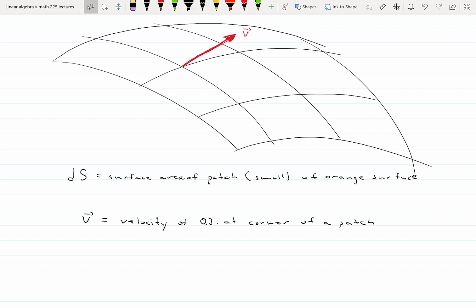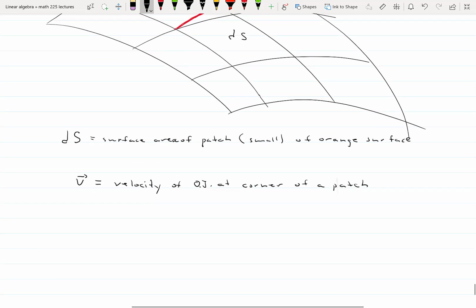So I could place that velocity vector anywhere in this patch of area dS, here or here or here, anywhere within the middle of this patch. Let me get rid of those. And again, why can I do that? Because the patch is infinitely small. There's not enough area for the velocity to change that much. So it's approximately constant in that whole patch.